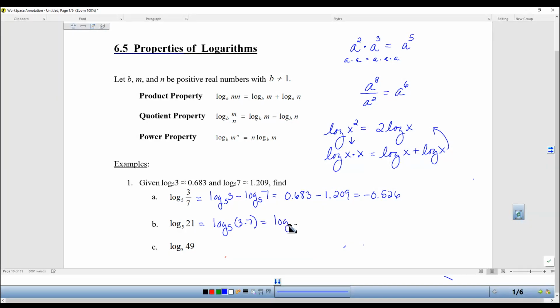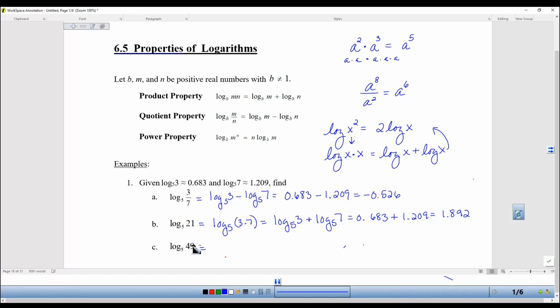So I could change that to log base 5 of 3 plus log base 5 of 7. And then I would have 0.683 plus 1.209, which would give me 1.892. Any ideas for C?